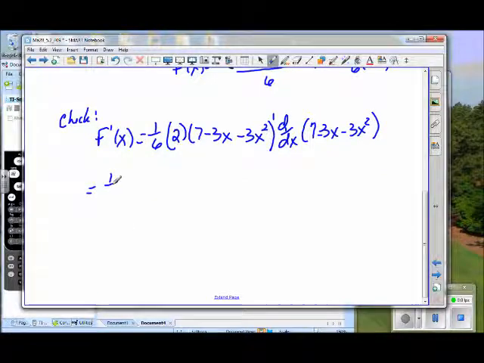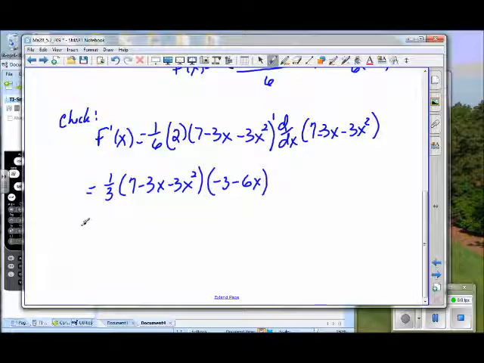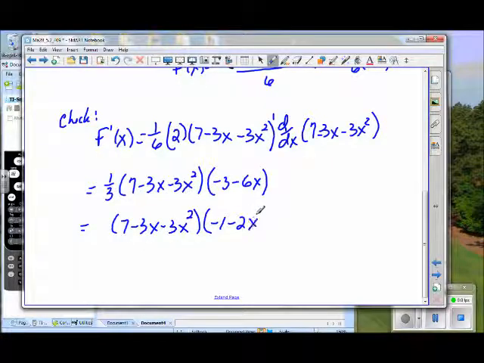So this would be 1/3 times 7 minus 3x minus 3x squared times, and the derivative here would be negative 3 minus 6x. And here is our 7 minus 3x minus 3x squared. And if we multiply through by a negative 3, we would end up with negative 1 minus 2x.